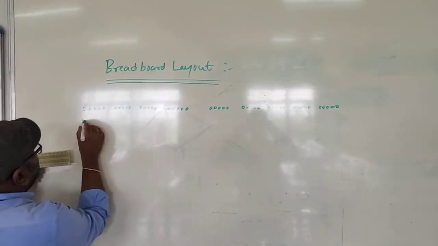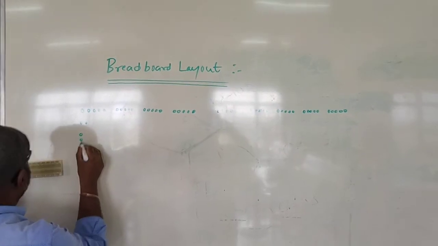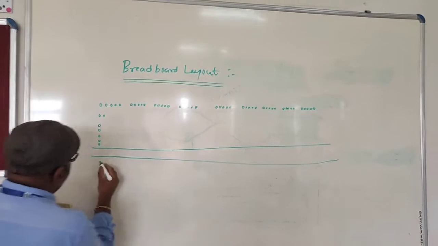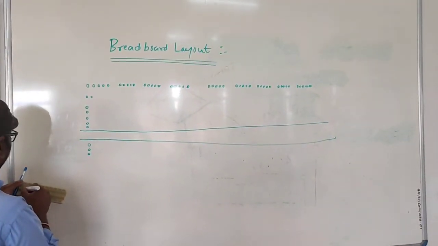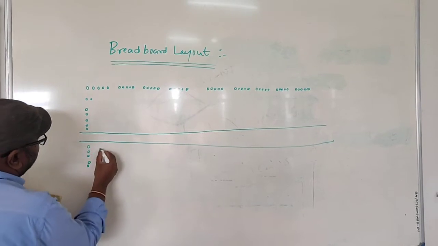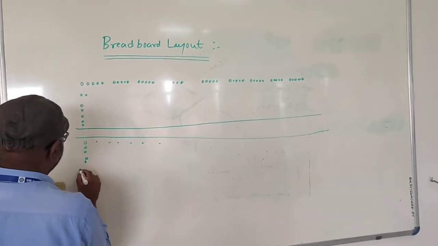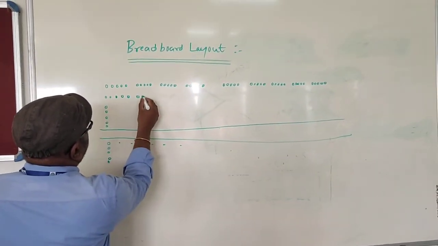And the bottom also has the same thing. Here also, vertically, there are holes. Like that it goes on, and after that also the same thing, as in the upper side, there are sets of 5 holes.